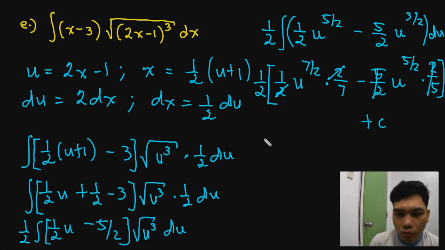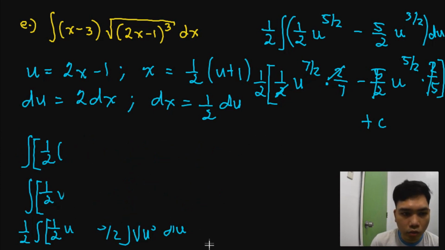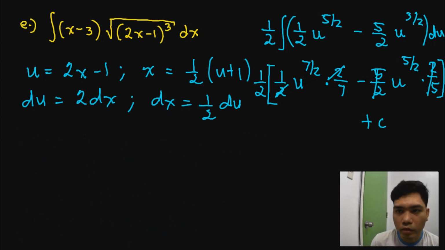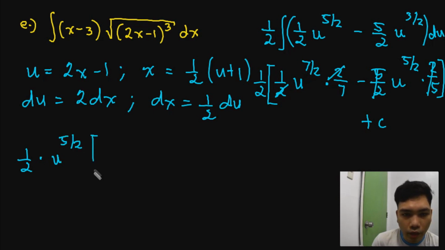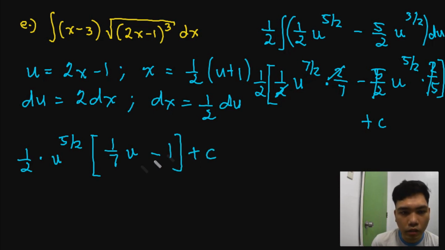So what we'll be getting is 1/2 times u raised to 5 halves, times (1 over 7 u minus 1), because 7 halves minus 5 halves leaves u, and factoring u raised to 5 halves from the second term leaves 1, plus c. This is the final expression for your answer in terms of u.